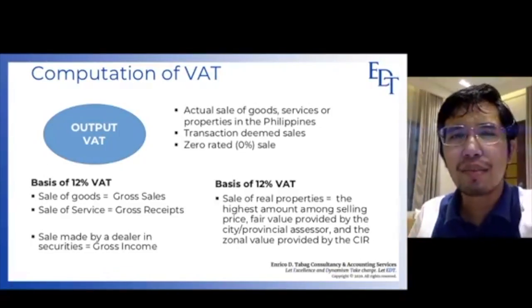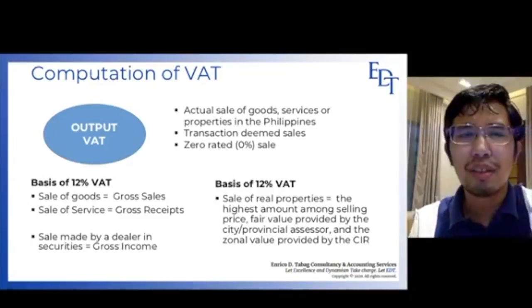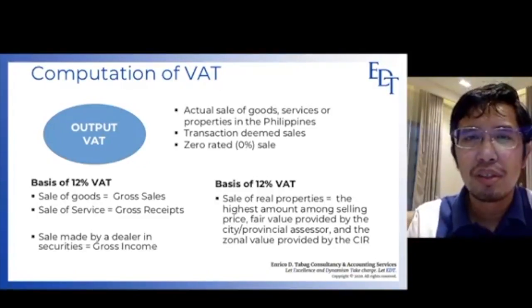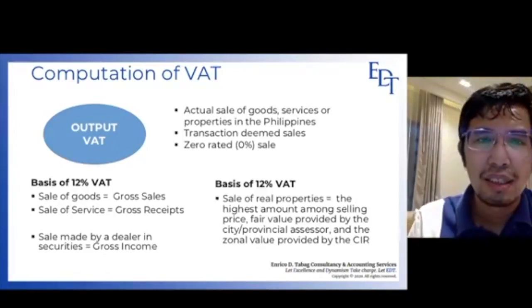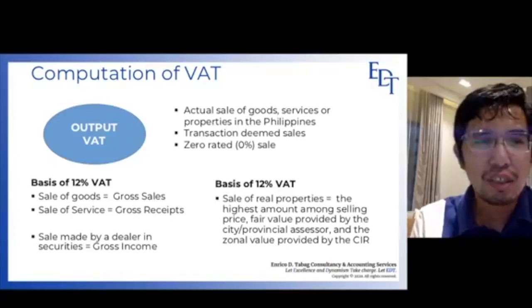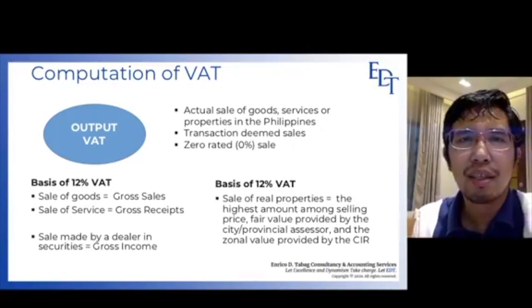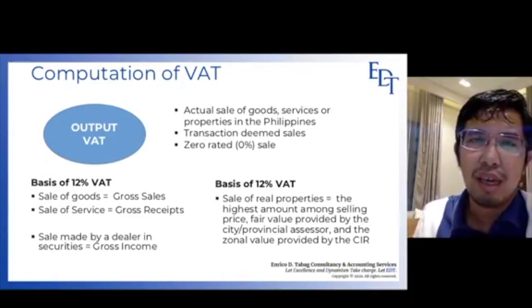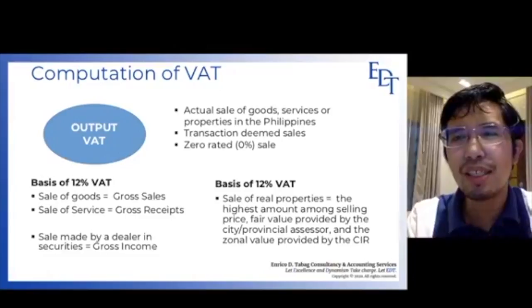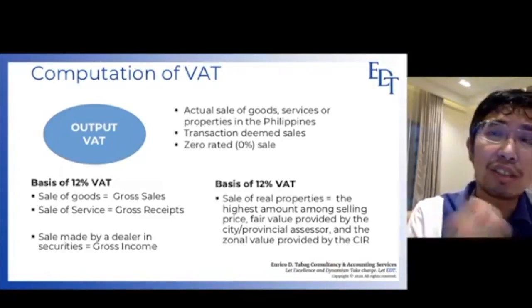But again, in this particular video, we will focus first on sale of goods, sale of services, saka transaction deemed sale. And as you can see, basis, pansinin mo, basis of the 12% VAT. Kung sale of goods, our basis is gross sales. Kung sale of service, the basis is collection.